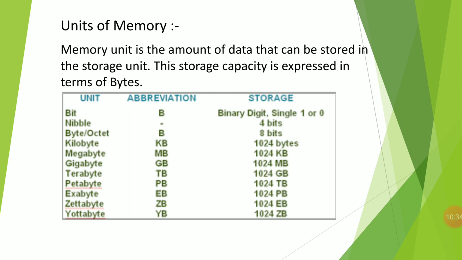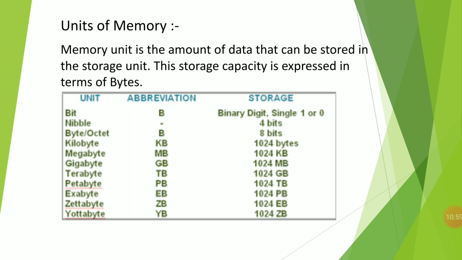Next one is megabyte. Abbreviation is MB. It contains 1024 KB. Next is gigabyte, GB. It contains 1024 MB. Next is terabyte, TB. It contains 1024 GB.